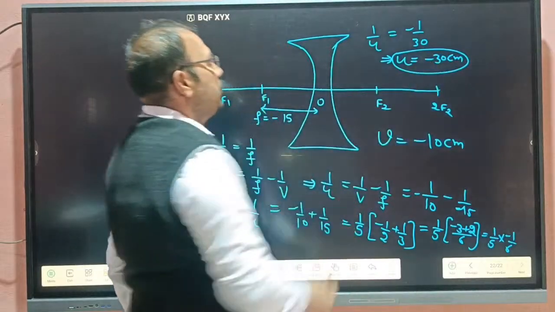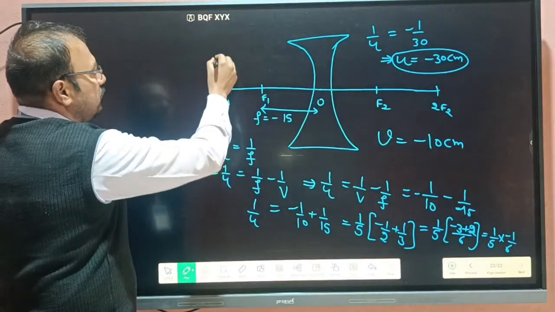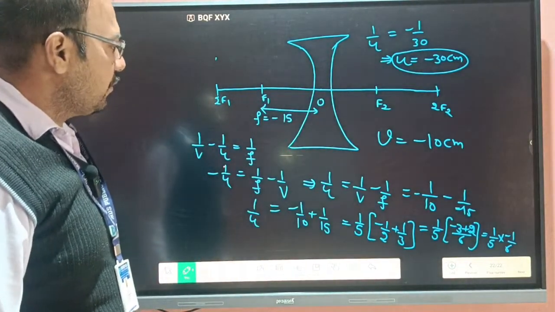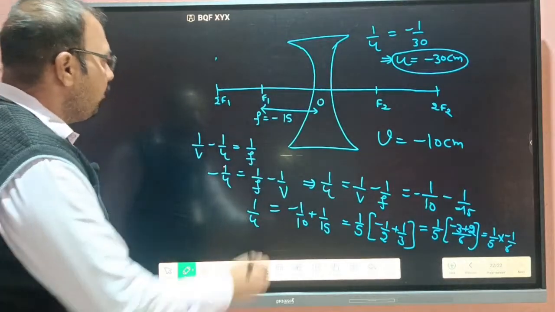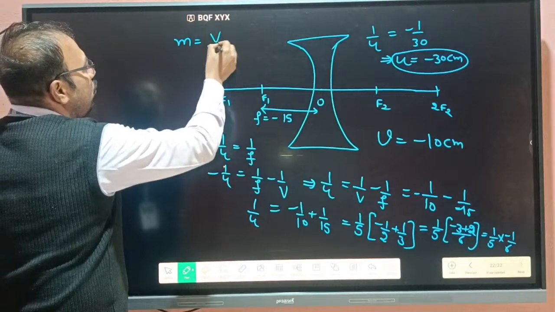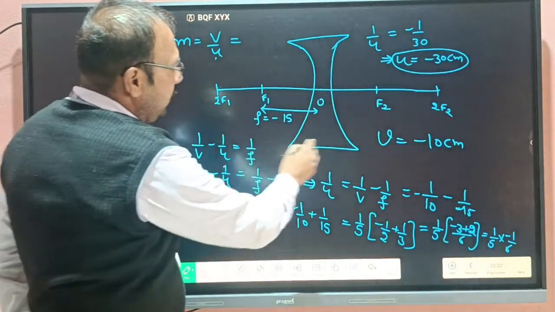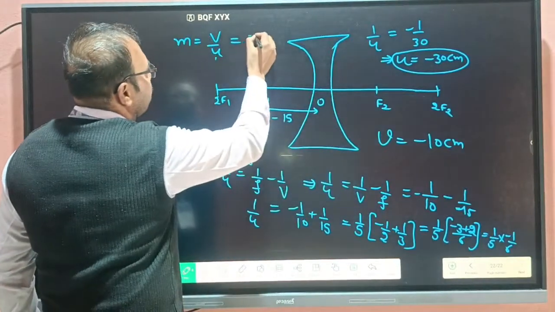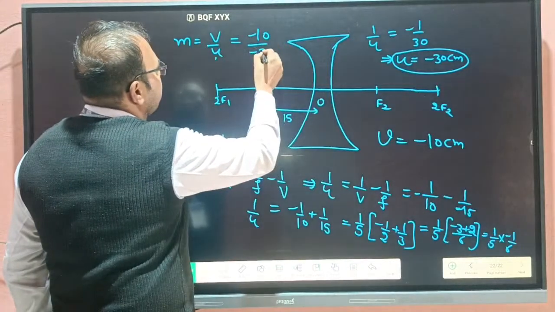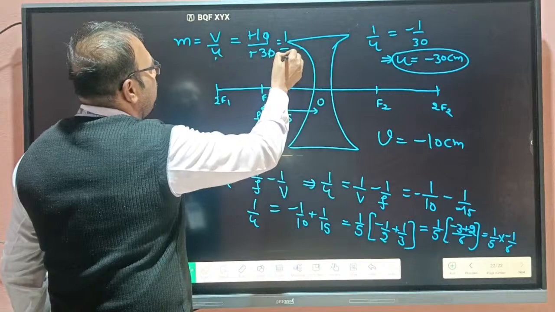So the location of the object is minus 30 centimeter. We can also find the magnification. M is equal to V by U. V is given as minus 10 and U is minus 30, so this is equal to 1 by 3.